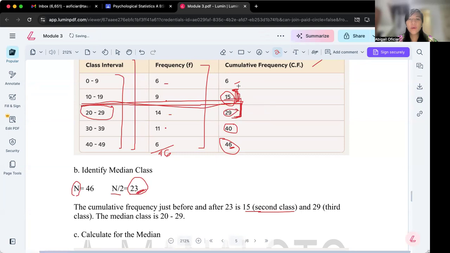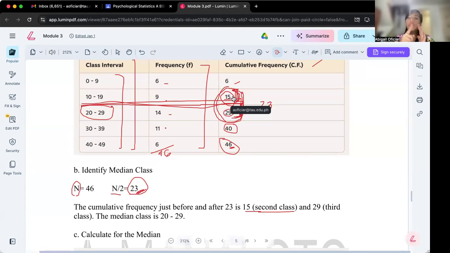So, ngayon, our N over 2 is 23. Nasa pagitan siya ng 15 and 29. Tama, no? So 23: 15, 16, 17, 18, 19, 20, 21, 22, 23. Then next value, 27, 28, 29.